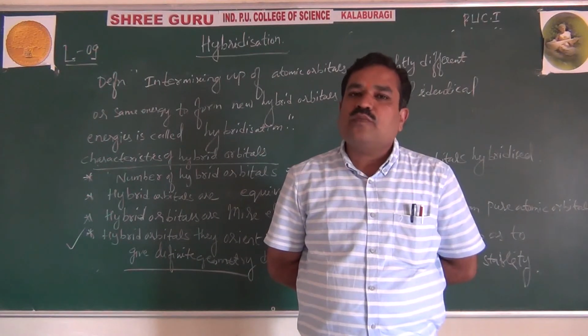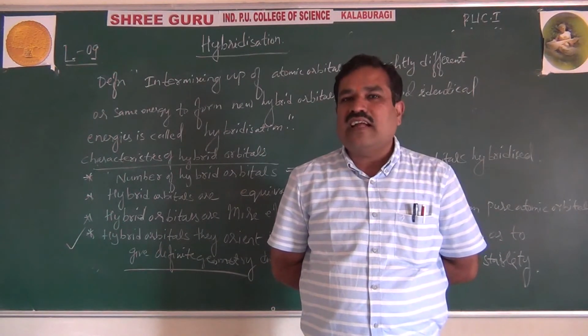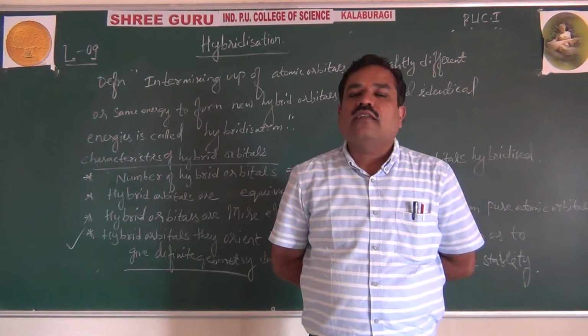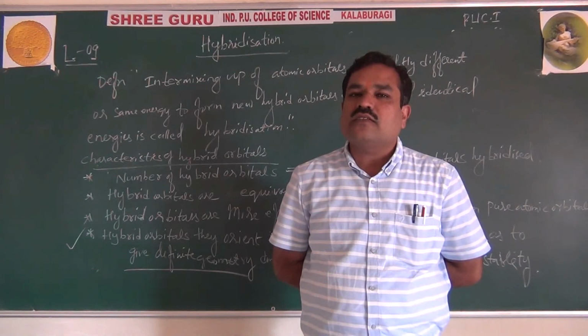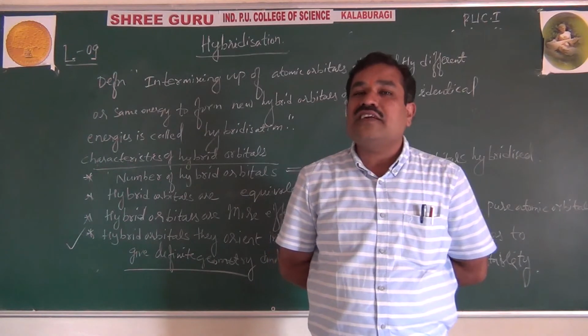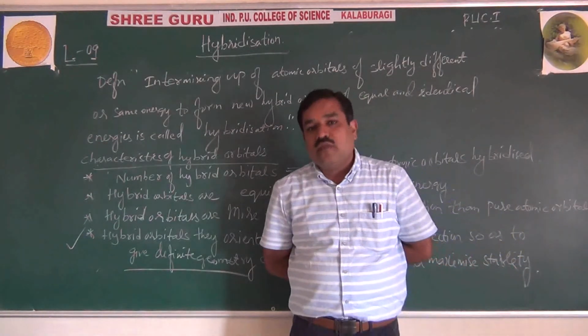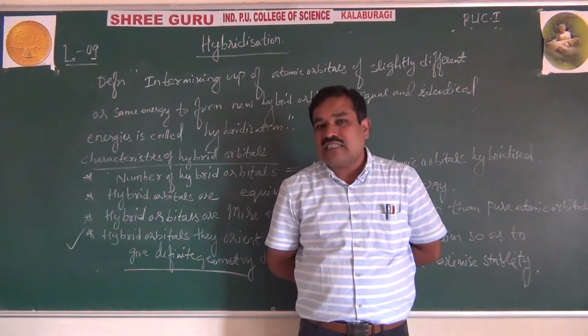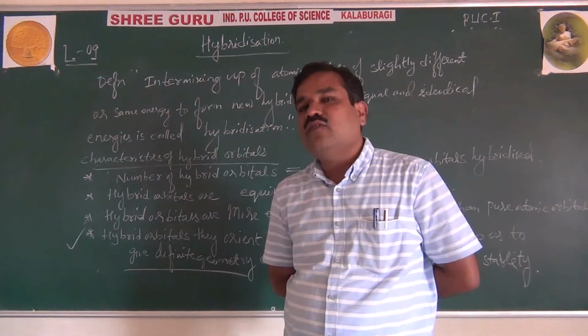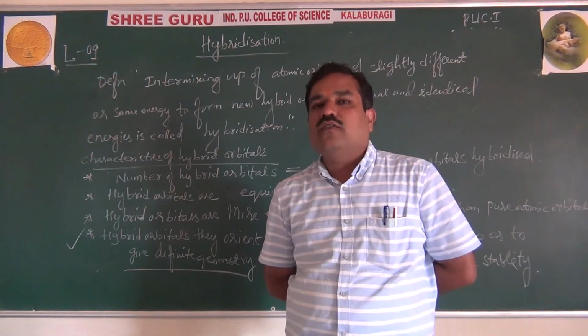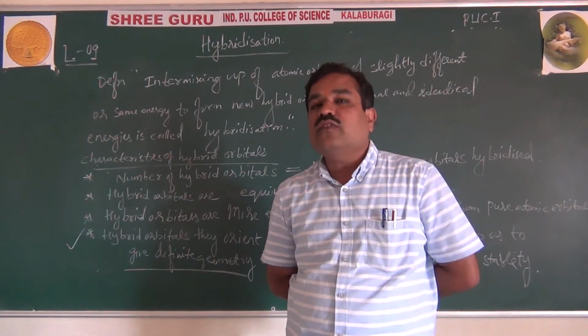We move on next, dsp2 square planar, all 90 degree. Then sp3d trigonal bipyramidal, 5 orbitals. Out of that, 3 are on the equatorial plane and 2 are axial. Axial are 90, equatorial 120 to each other. Then sp3d2 octahedral. All 6 bonds are equivalent, they are 90 degree to each other.